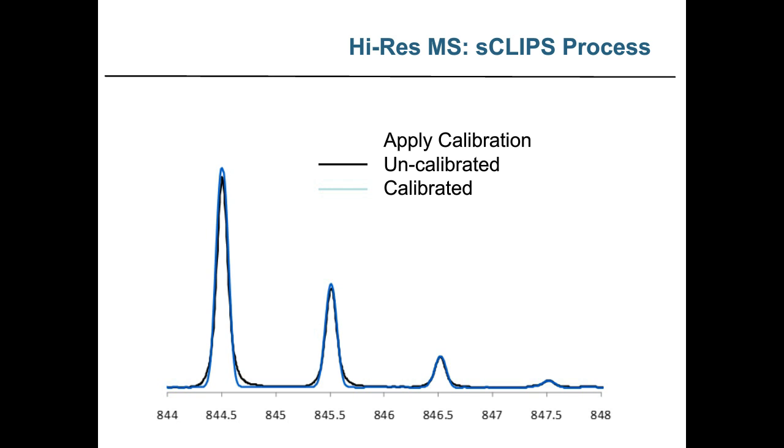What we do here is we only calibrate it to high spectral accuracy. So the blue line there shows the calibrated data, and the black line there shows the raw or uncalibrated data. And if we compare that to the true or theoretically generated spectrum, you can see the match is very, very good. So now we can take advantage of spectral accuracy in high resolution instrumentation.